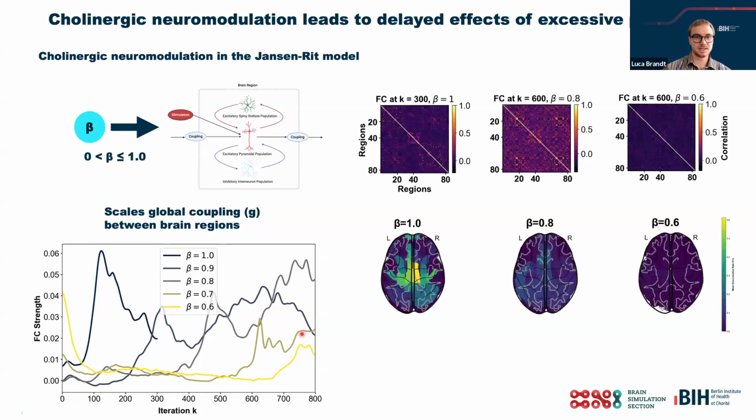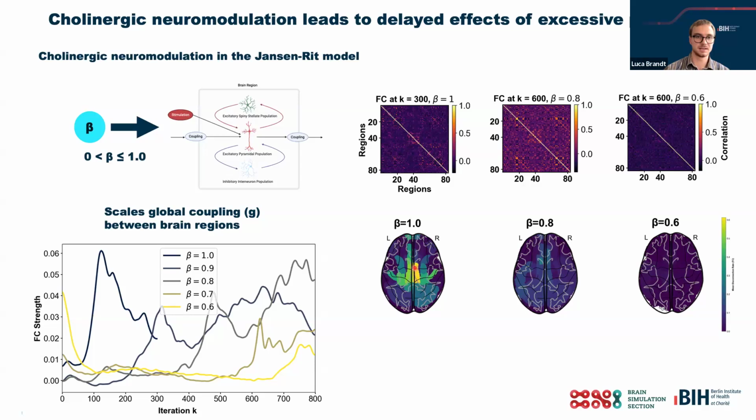So partially we can say that cholinergic neuromodulation can lead to delayed effects of excessive plasticity and can also control the disconnection rate, the spatially selective disconnection.